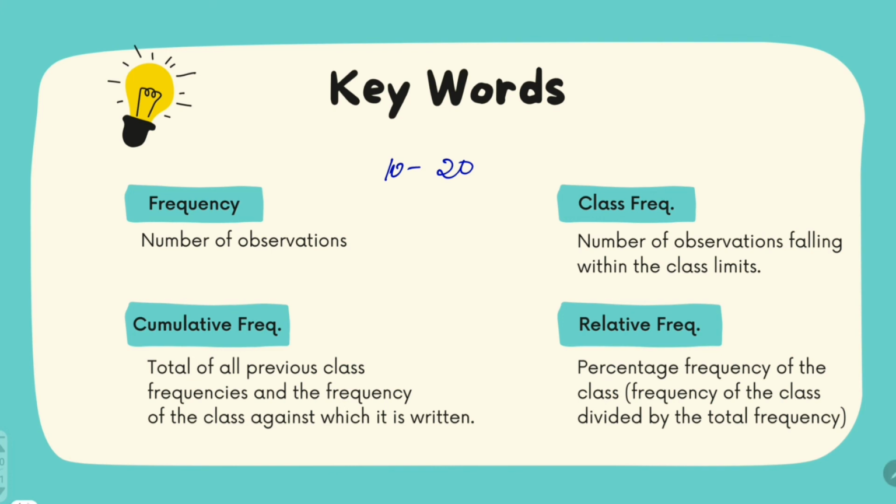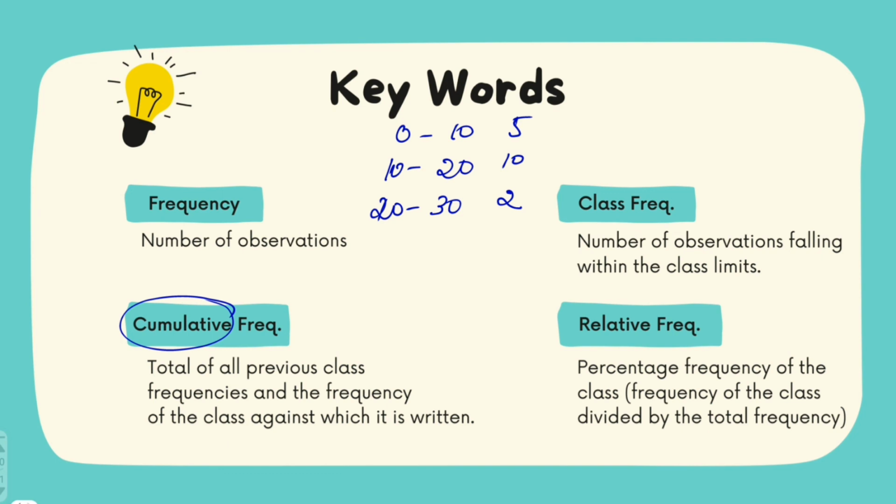And cumulative frequency: cumulative means what? Sum, right? So when it comes to age, you can say maybe 0 to 10, 10 to 20, 20 to 30, all these things. So maybe in your neighborhood, there are 5 people in the ages 0 to 10, maybe 10 people in the ages 10 to 20, and maybe 2 people in the ages 20 to 30.